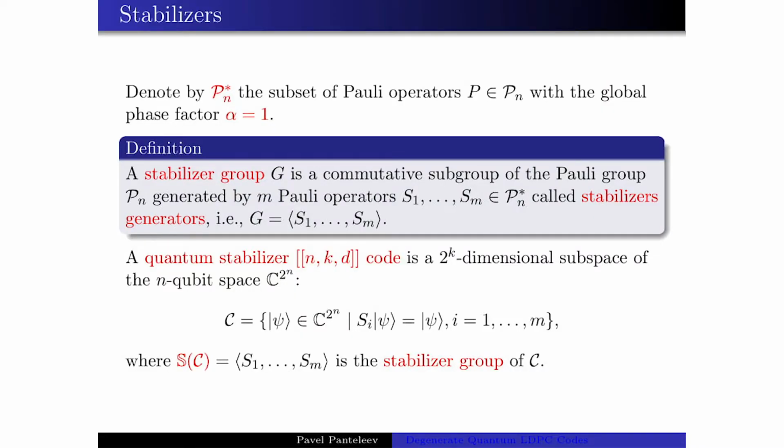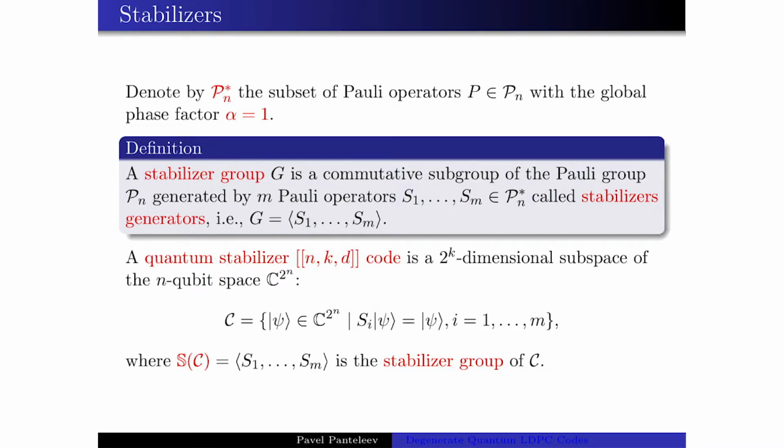Let us denote by Pn star the subset of Pauli operators with global phase factor equal to 1. And a stabilizer group is just a commutative subgroup of the Pauli group that's generated by some set of Pauli operators that we call stabilizer generators.